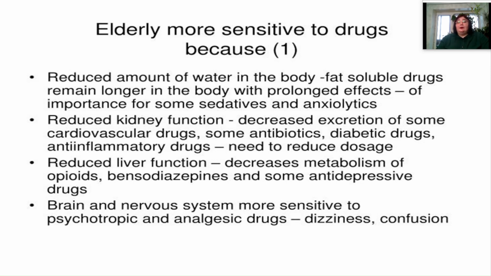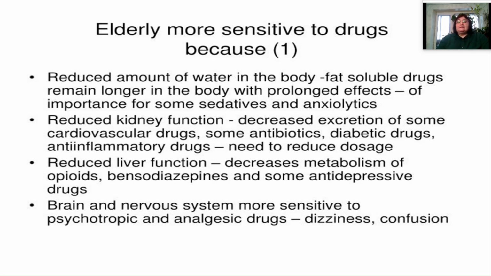Reduced kidney function means decreased excretion of some cardiovascular drugs, some antibiotics, diabetic drugs and anti-inflammatory drugs, so dosage needs to be reduced. Reduced liver function means decreased metabolism of opioids, benzodiazepines, and some antidepressive drugs.